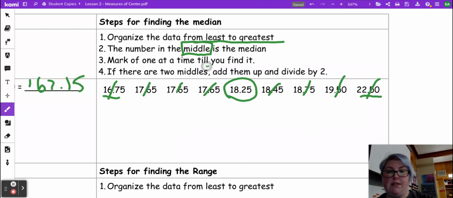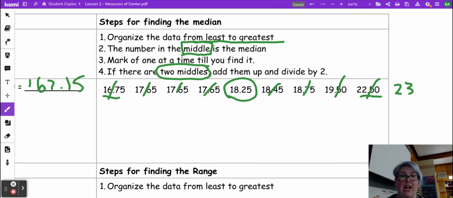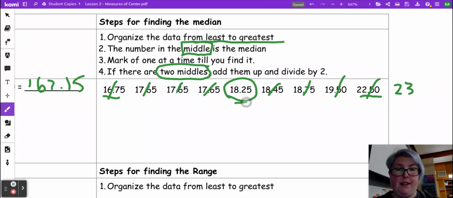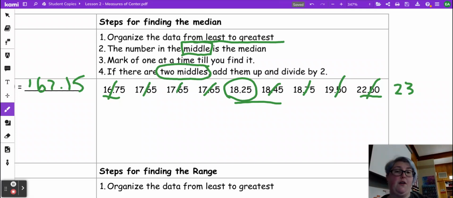Sometimes you'll find that there are 2 middles. For example, if we had $23 in here, that would give us 10 numbers, and these 2 middle numbers, 18.25 and 18.45, would have been our median. You add them up and divide by 2, taking the mean of those 2, because we are trying to figure out exactly what that center point is.